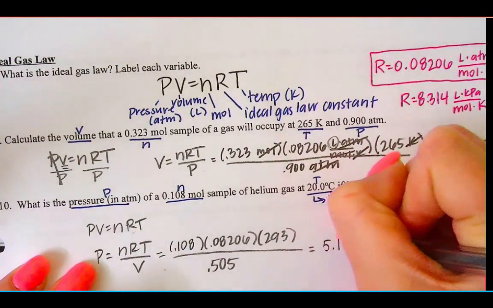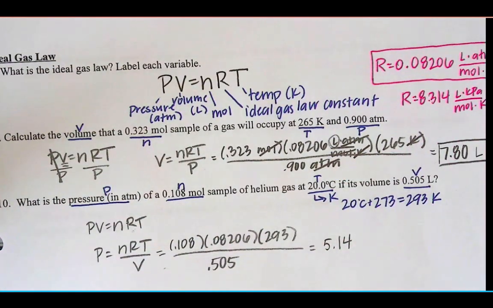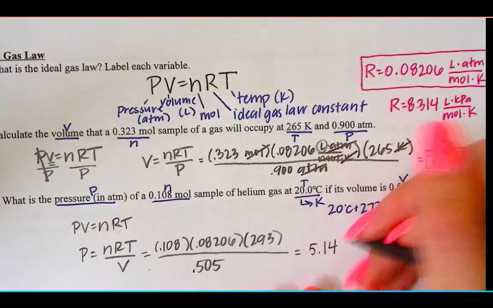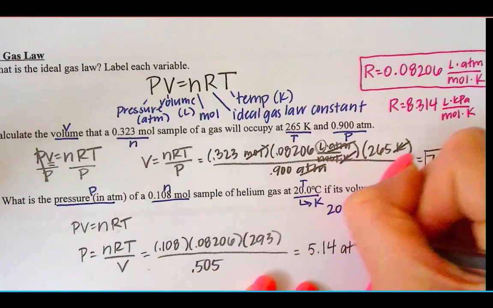Should get 5.14, but all of your answers should always have units. Solving for pressure out of the ideal gas law will be in ATM.